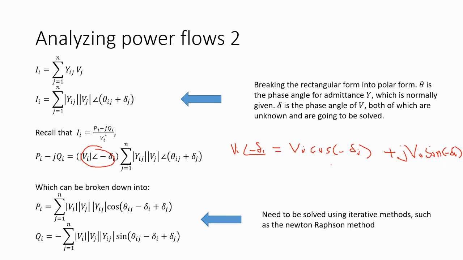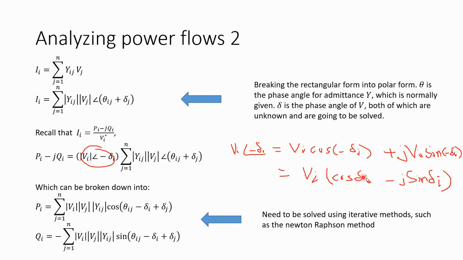And it can be equal to Vi, if we bring the Vi together, cos delta i, cos of negative equals positive, minus j sine, of negative, you bring it out. All right, we are not going through the details of this. This is basic mathematics. Equal to this. Okay, so the same can be applied for this one.